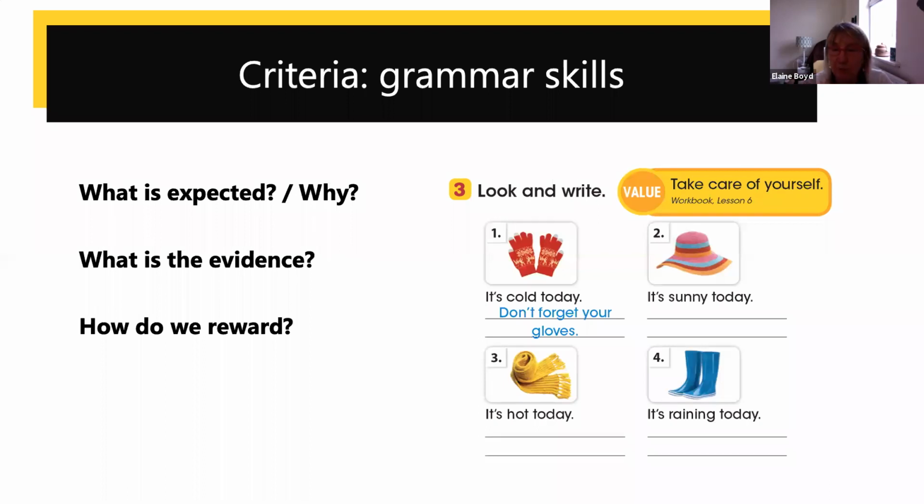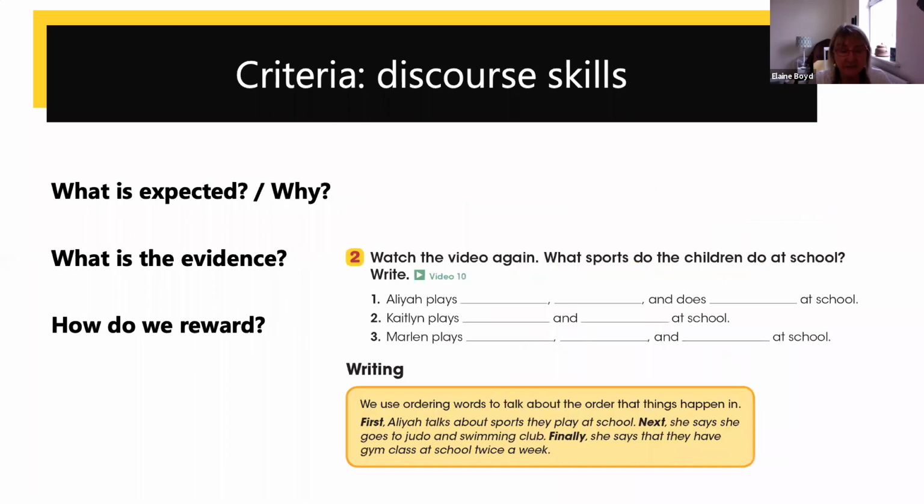And again, we reward it on a scale with smileys or goods, or whatever you usually use with your class or you think that they like. Then obviously, we're still sticking with the core skills here. As you move up your class, you move up your levels, they start getting a sense of discourse, which again, some of you mentioned, and how ideas connect together.